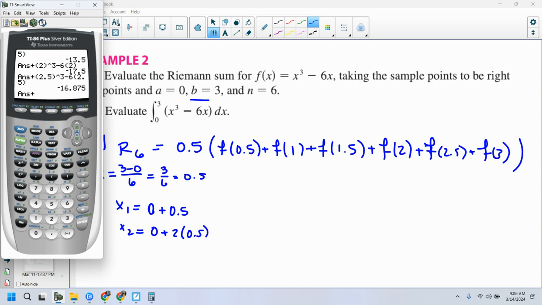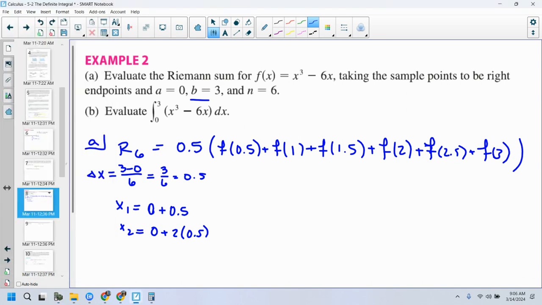Plus, one more, 3 to the third minus 6 times 3. Okay, that is all my y values added together. So it's half of all of that, times 0.5. Negative 3.94. That is what R4 is.